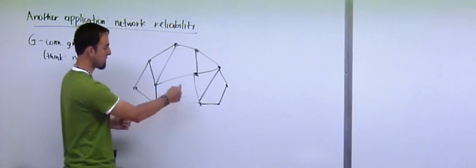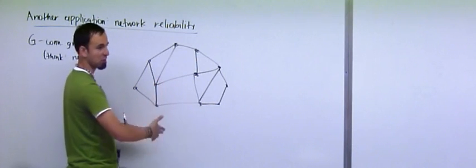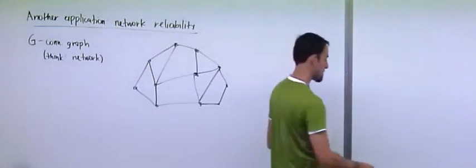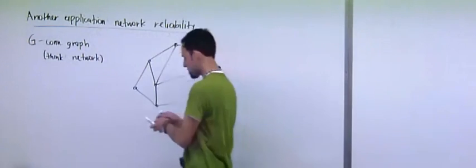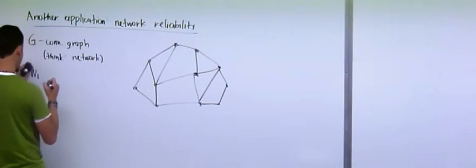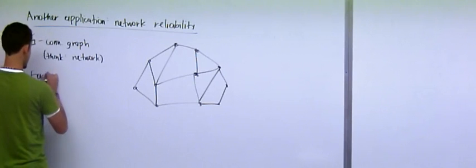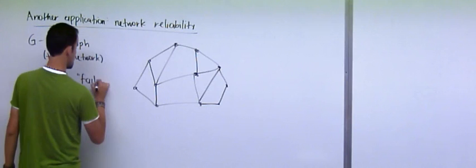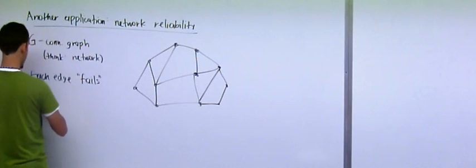Either the road gets blocked, or you manage to break communication between two people. So each edge fails with probability P. With the same probability P? The same probability P.